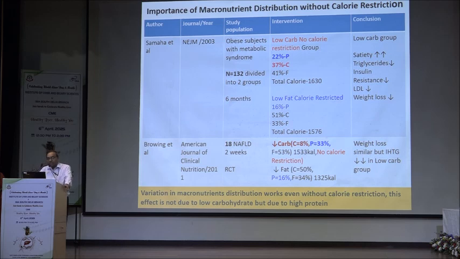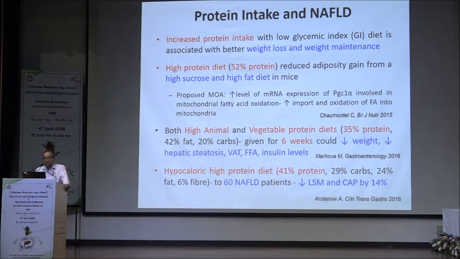Then coming to the importance of macronutrient distribution without calorie restriction, again, variation in macronutrient distribution works even without calorie restriction, and this effect is not due to low carbohydrate but due to high protein. In these 2 studies, it has been shown. Increased protein intake with a low glycemic index diet is associated with better weight loss and weight maintenance.